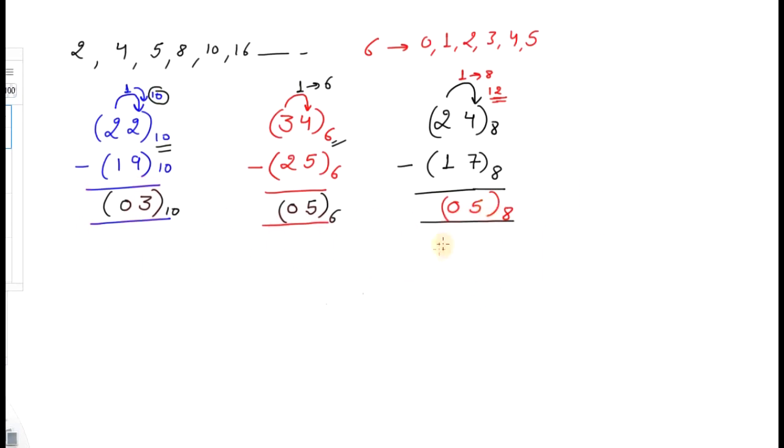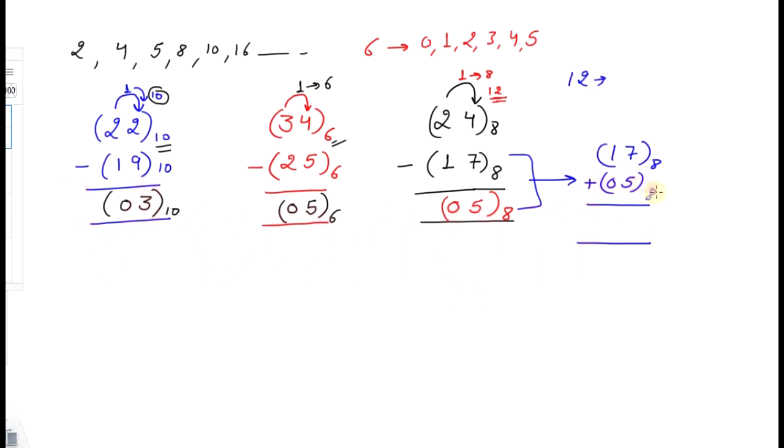Now, if you want to prove this, how are you going to prove it? How much will 17 plus 5 be? In the last lecture we saw how to do addition in base 8. 7 plus 5 is 12.